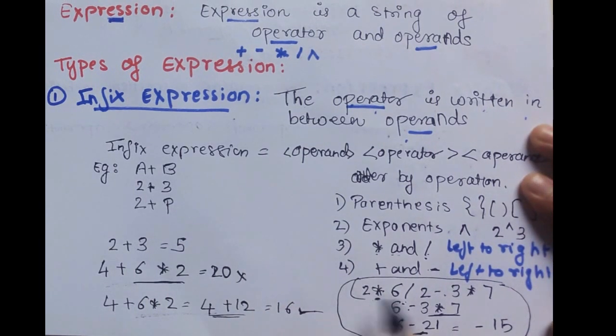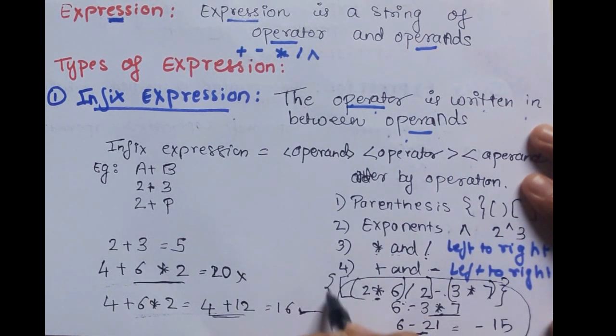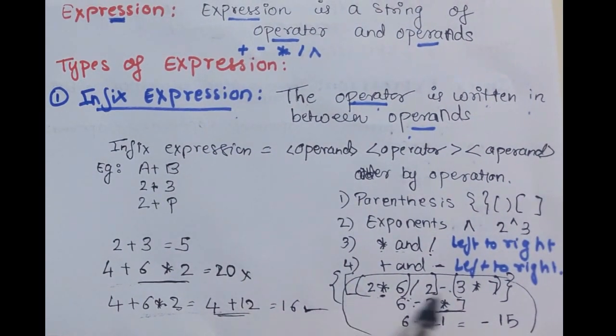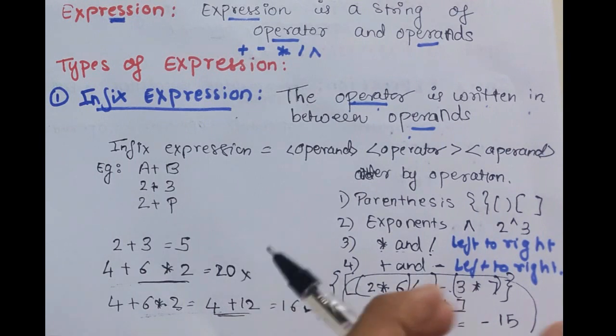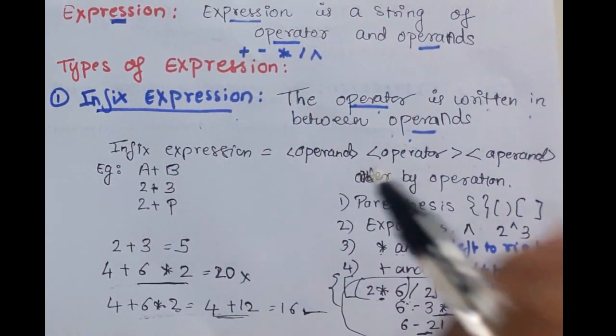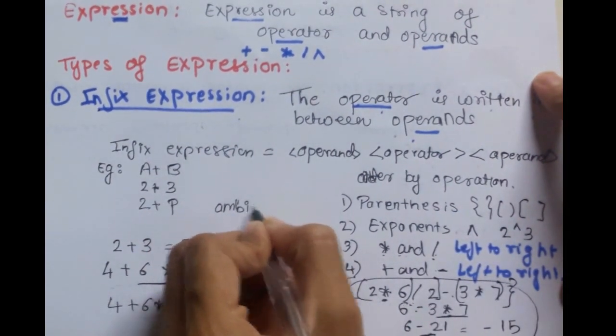So, we will use parenthesis like this, and with the help of this parenthesis also we can solve this kind of expression. But if we use parenthesis, then there will be memory wastage, and in infix expression there is always a problem of ambiguity, isn't it?